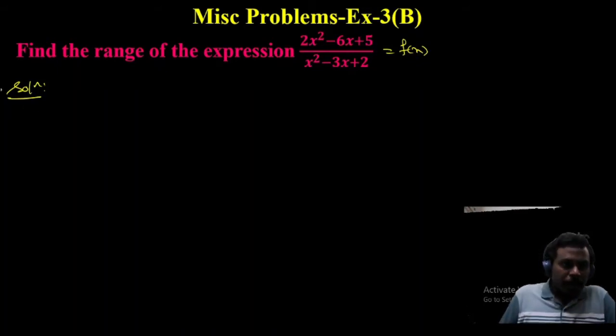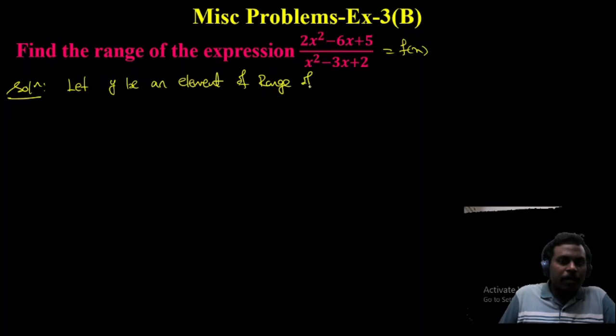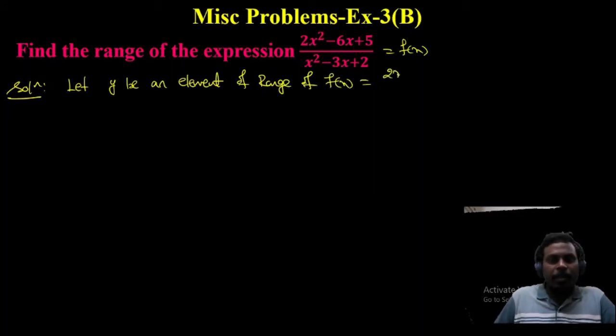Now let y be an element of the range of f of x, which is equal to the given expression 2x square minus 6x plus 5 divided by x square minus 3x plus 2.